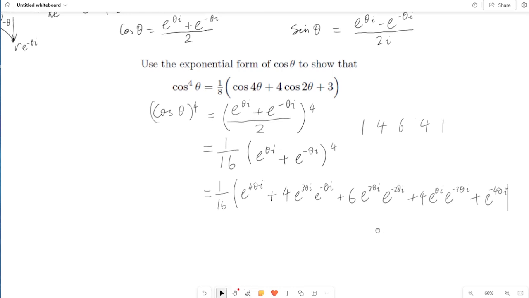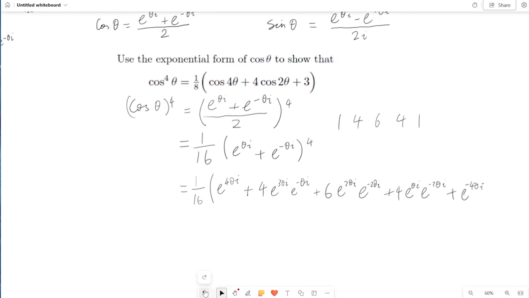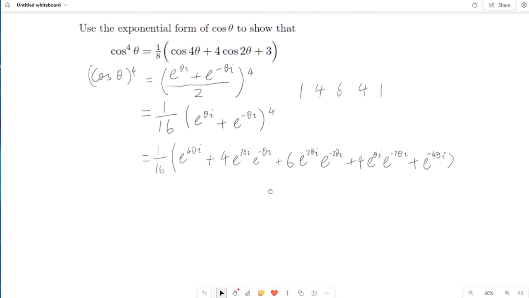As you can see here, what happened is we have managed to convert what potentially may be a very convoluted trig identity problem into a much more straightforward binomial expansion. Even though we end up with quite a few symbols, they all follow very simple rules. So what we end up with is e to the power of 4 theta i.